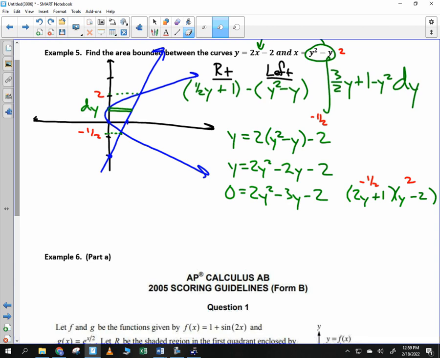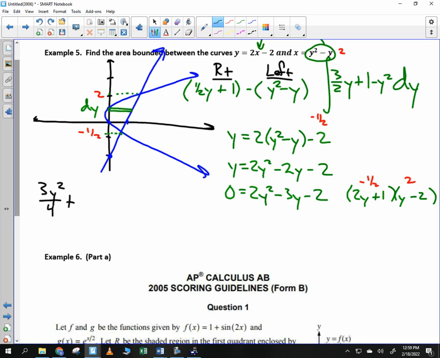A little bit more involved. Antiderivative of 3/2 y. Yeah, 3y squared over 4. Carter concurs.